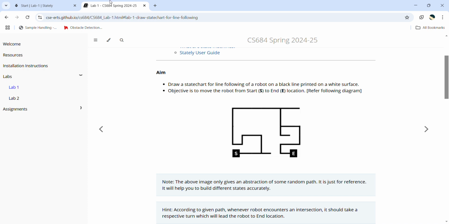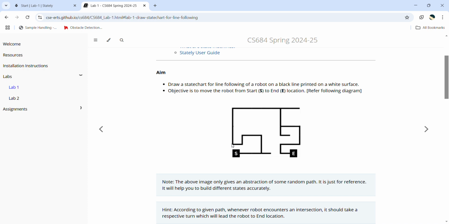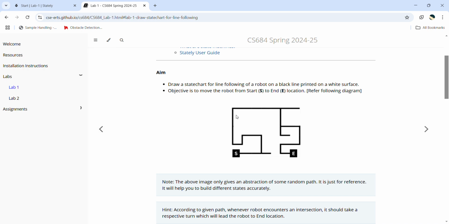So a similar process will be followed for this right. I'll just skip those two moves. Here we keep on moving forward. Here we have a right where we also have a particular path in the forward direction.